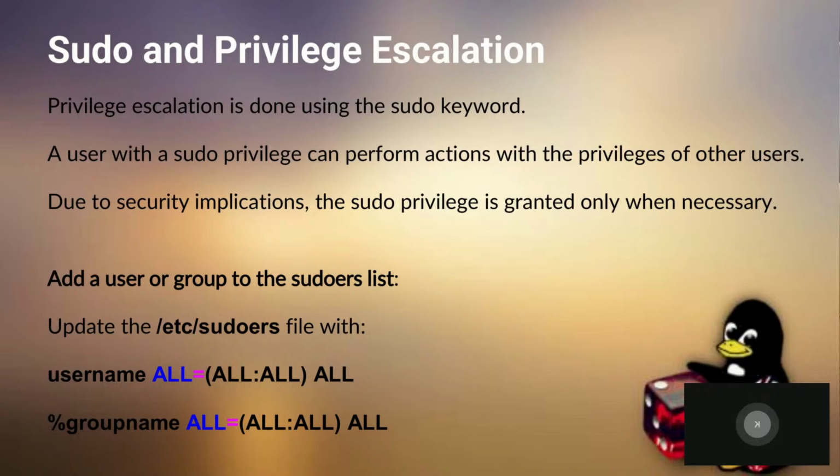The second ALL points to the user. Remember, when you have sudo privilege, you can perform actions with the privilege of other users, so that means it can act as all the other users. The third ALL points to the group, so all the groups. The last ALL represents commands, so all commands.